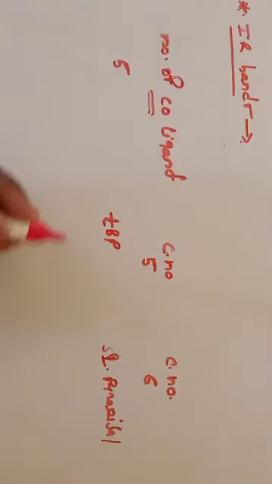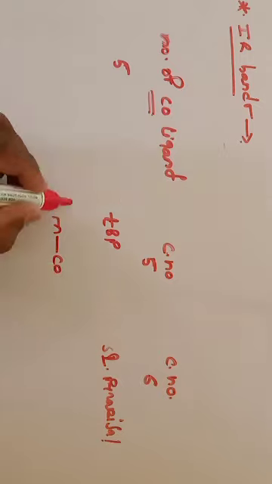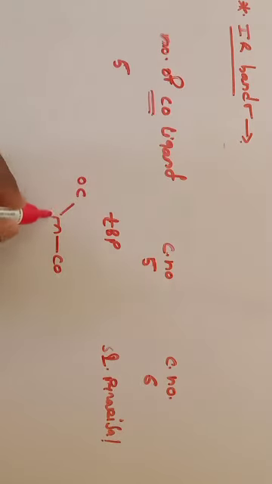So if you consider both these structures, the first one, trigonal bipyramidal, we are very much familiar with this geometry, that is 3 carbonyls in the equatorial plane and 2 carbonyls axial.